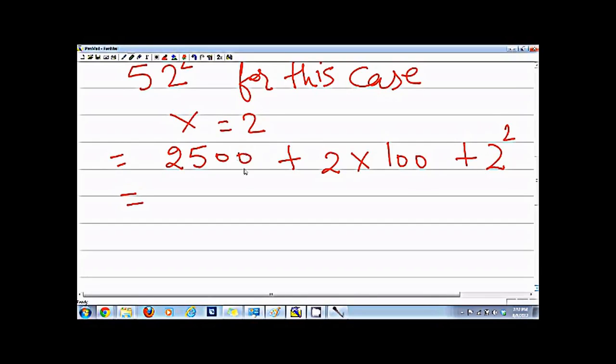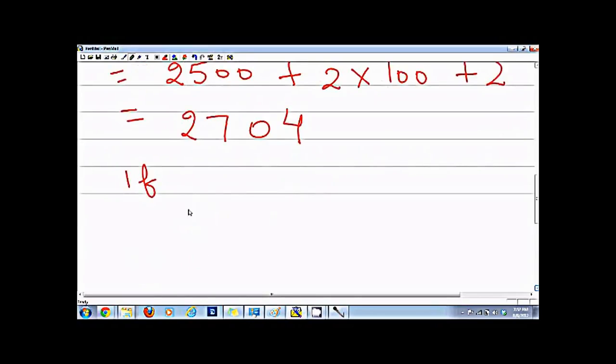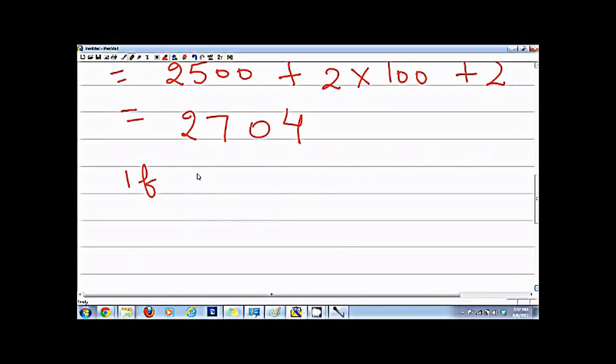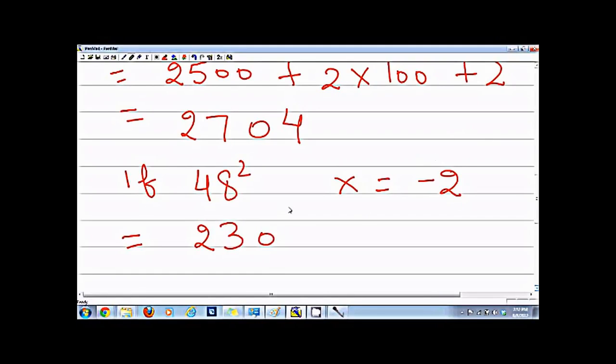So we will have 2704. And similarly, if we have 48 squared, then x is equal to minus 2, and instead of adding 2 here, we will be subtracting 2, so we'll have 23, and then the square doesn't matter if it's negative or positive, so the answer will be 2304.